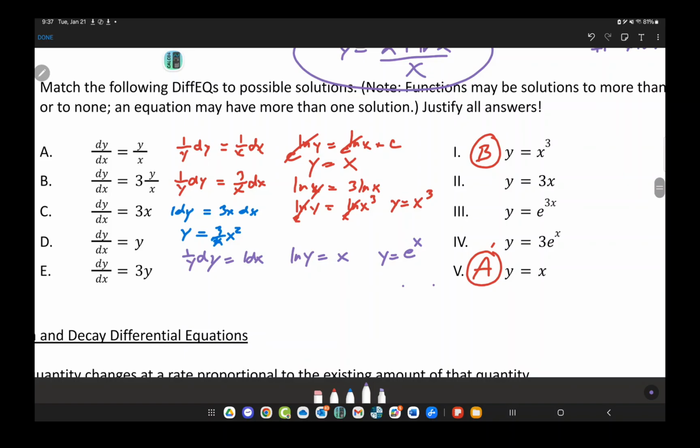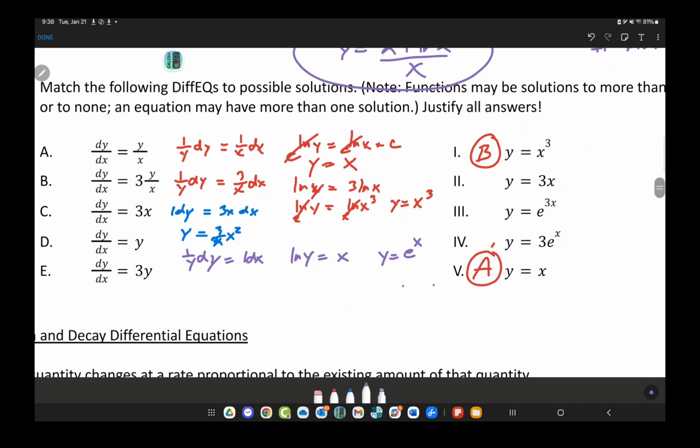Now, the coefficient 3 in front of e to the x. That's not enough to say that's the answer. How? If you have a coefficient, that doesn't make sense. It just wouldn't make a difference if we had a coefficient there.